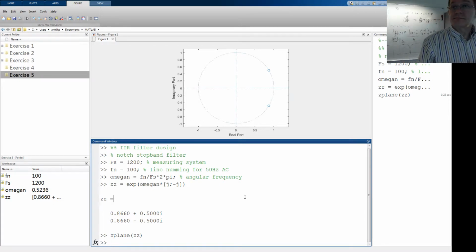I and j are actually imaginary units here.